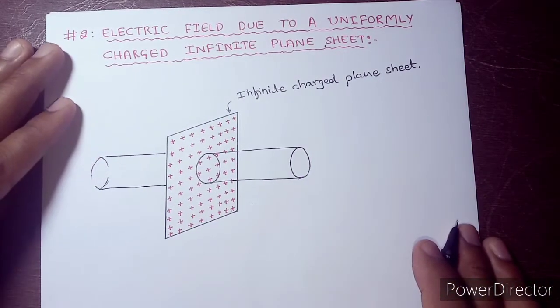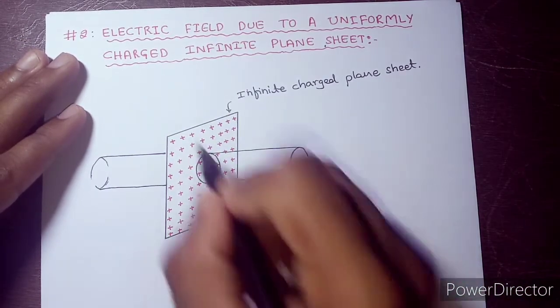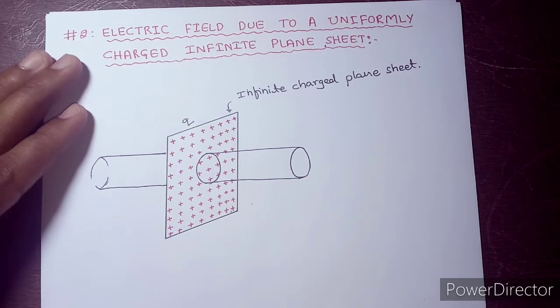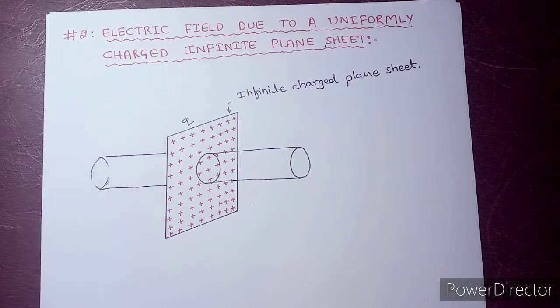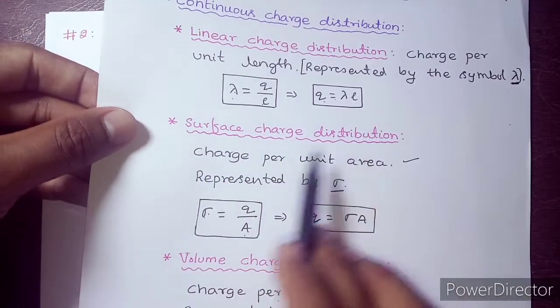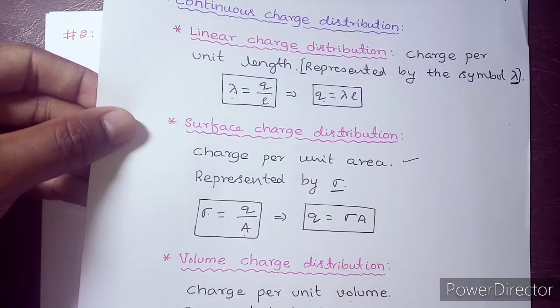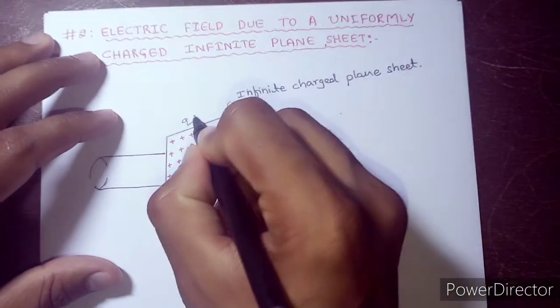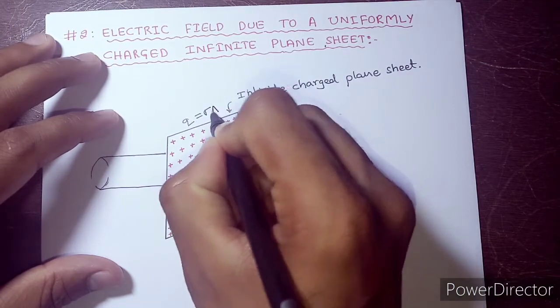Obviously we know the charge on this is Q, that is represented by the surface charge density. Okay, that we have studied here. Surface charge density is nothing but charge per unit area. Okay, so from this we can get Q is equal to sigma into A.